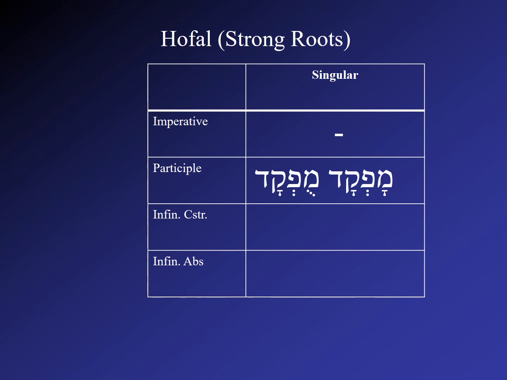So Mufkad and Mofkad. The infinitive construct, like the imperative, also does not appear anywhere in the Hebrew Bible, and so we don't need to learn that form. Infinitive absolute has two forms, Hofkad and Hufkad. Essentially, these forms, the participle and the infinitive absolute, you need to be able to recognize them, but not to form them. And so if you see a mem preformative or a hey preformative with a U-class vowel, then you're thinking Hofal.